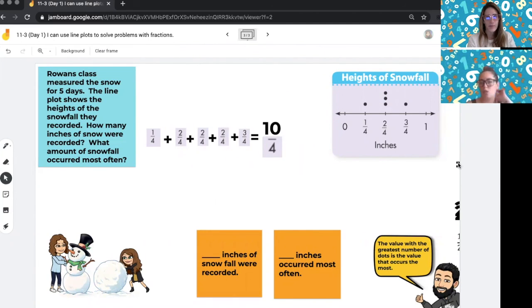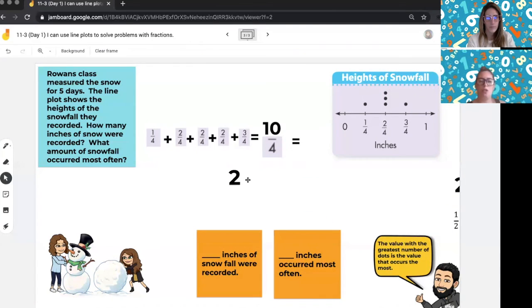So we're going to need to rename it as a mixed number. So how many times does 4 go into 10? So 4 can go into 10 2 times, so that will be 2 wholes. And then if I count up, 8, 9, 10, that leaves 2 left over out of 4.